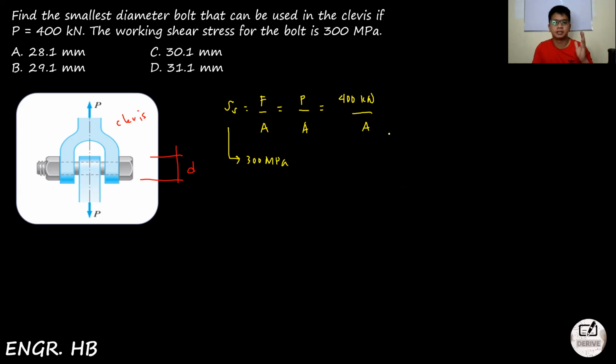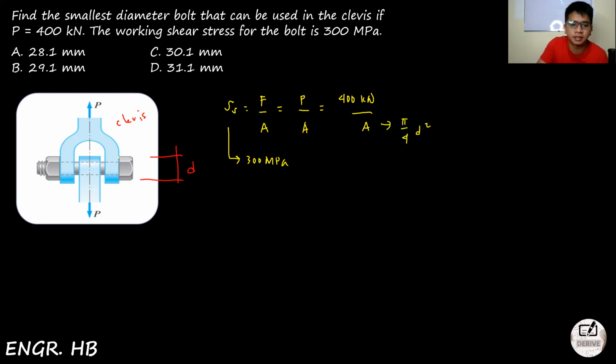So since this is a shear stress and not a normal stress, dapat lagi nating titingnan ano ba yung napupunit or the parallel surface that is affected by the shear force. So as you can see here, guys, ang nadadaanan dyan is pi over 4 d squared.